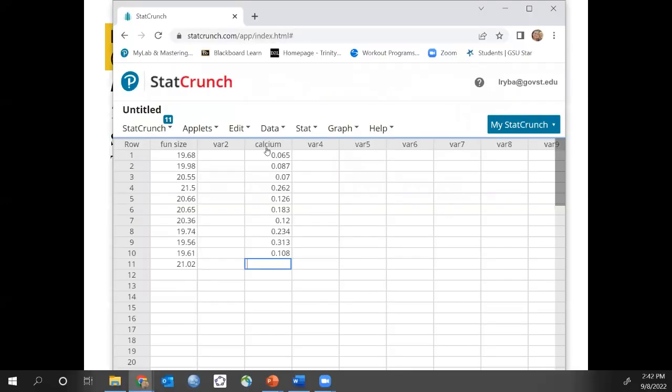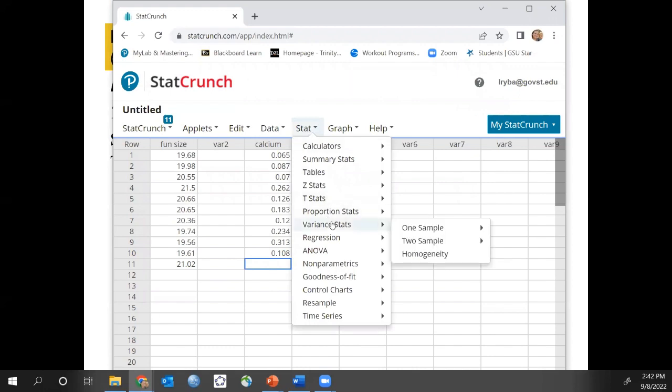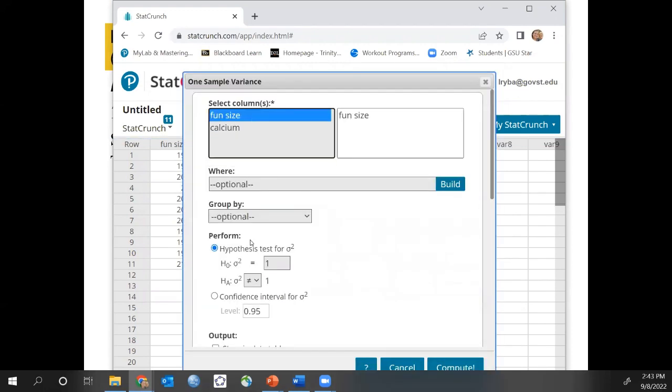So when I go here, to run a variance on my sample, I have data. This is variance, not standard deviation. So I cannot just type 0.75. 0.75 is my standard deviation, or the square root of the variance.